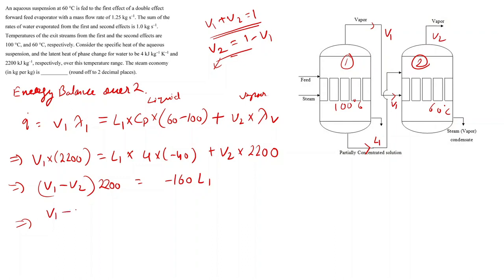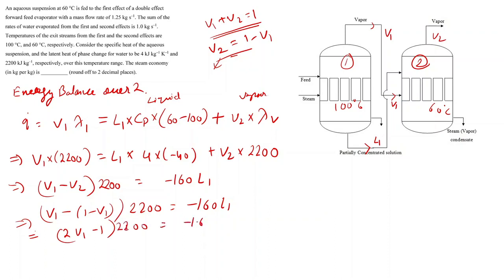It will become V1 minus of 1 minus V1, so this will become 2V1 minus 1 into 2200 is equal to minus of 160 into L1.